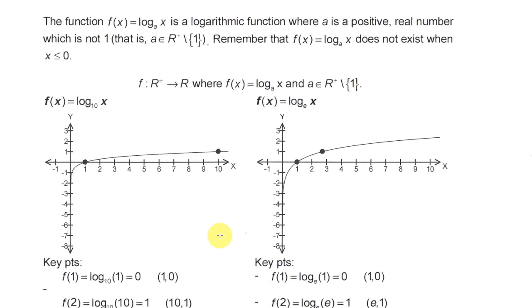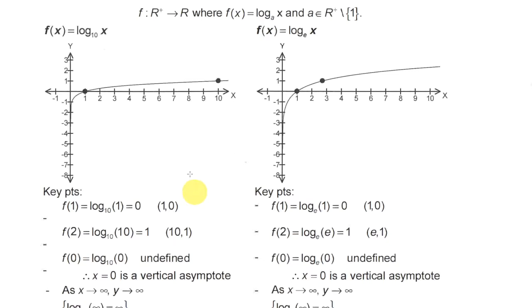So now let's concentrate on 2 examples of log graphs. Here I've got log base 10 on the left hand side, and here I've got log base e. You can see the basic shape: the curve gets very, very close to the y-axis, passes through the point 1, 0, and then increases along. And here we've got log base e.